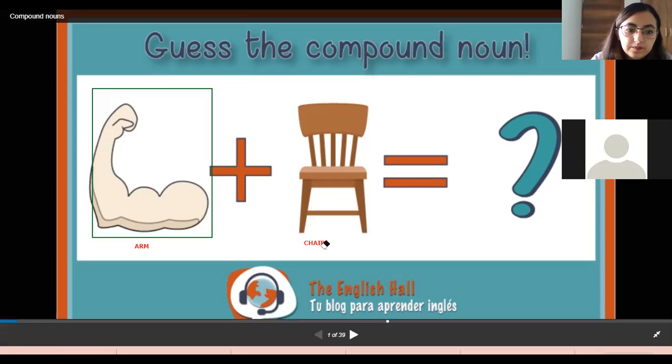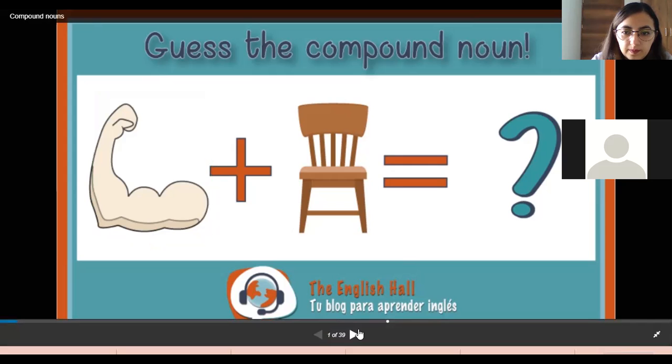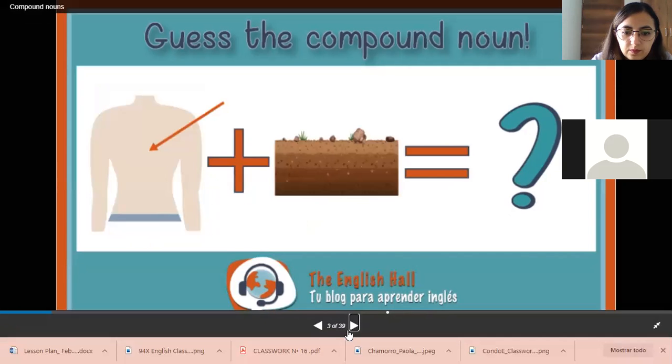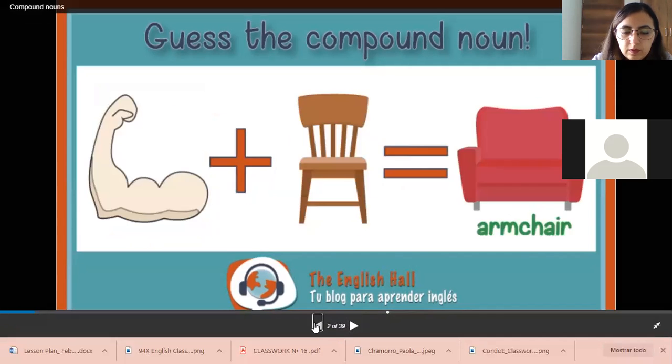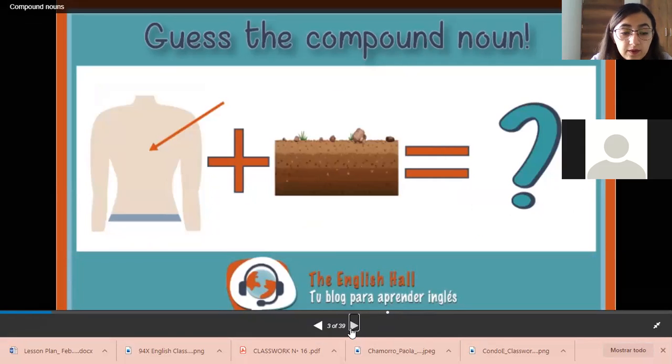Look at this. There we go. We have armchair. So we're going to keep on guessing some of them. Vamos a ir adivinando algunas más. The first one we have is armchair. So let's continue and see which others do we have.